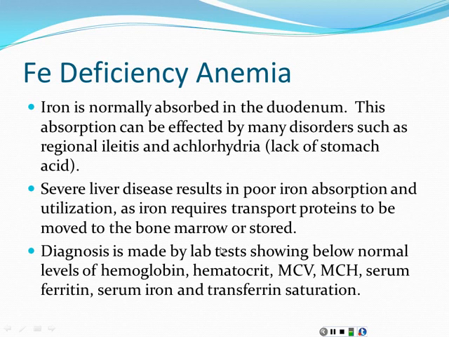The diagnosis, as we said, is low levels of hemoglobin and hematocrit. The MCV, mean corpuscular volume, that's the size of the cell, is low. And the MCH, mean corpuscular hemoglobin, that's hypochromia. There's not enough hemoglobin in that cell. And then when we get the serum ferritin, iron, and transferrin, that can tell us where the iron problem is.